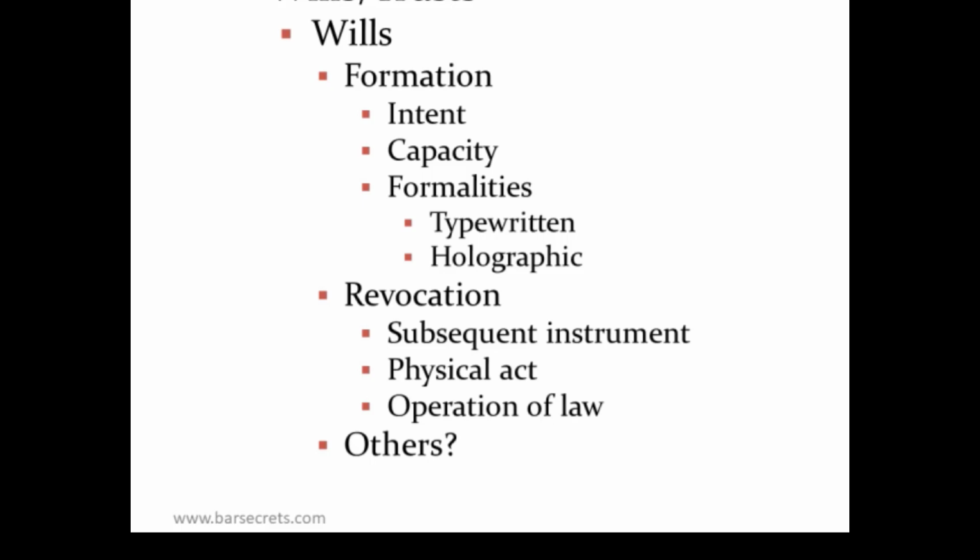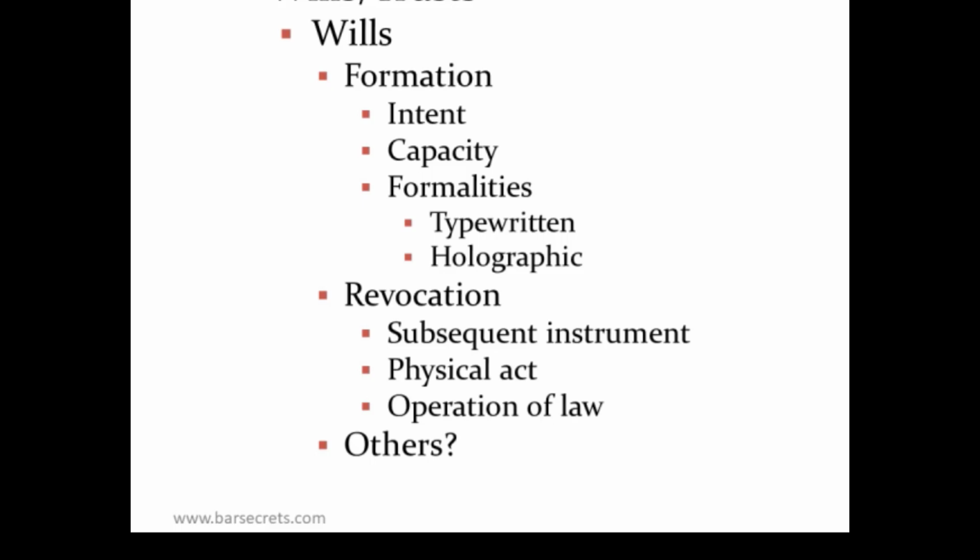And then, is it revoked? There are 3 ways to revoke: by subsequent instrument, by physical act, and by operation of law. Subsequent instrument is the easiest, where the second will says, I hereby revoke all prior wills. It would also revoke to the extent of inconsistency between the two.